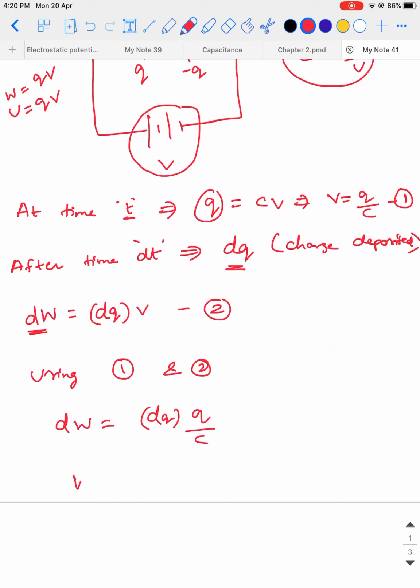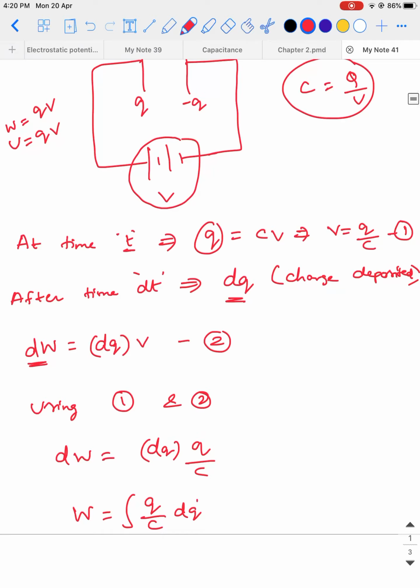For you to calculate the total work done, work done will be equal to the integral of Q by C into dq. Now the question is from where to where we are supposed to integrate. Look at this, dq is the variable.